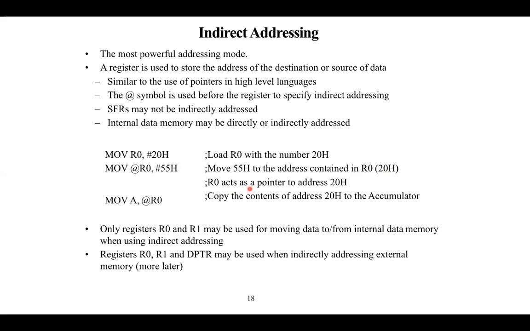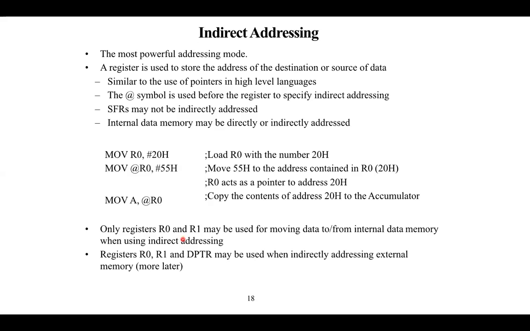Here R0 acts as a pointer to address 20H. MOV A, @R0 copies the content of address 20H to the accumulator. Therefore, the register value should be treated as an address.